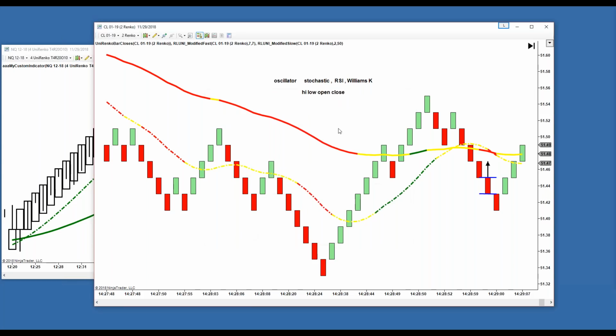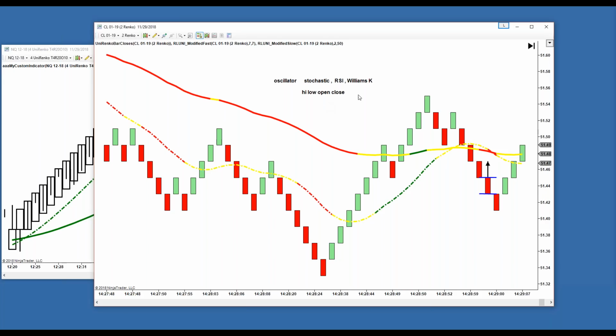Now, many other indicators do as well, but this is the largest class. Unbalanced volume requires it. There's a couple of others as well. So it narrows the number of indicators which can work when you're using it.